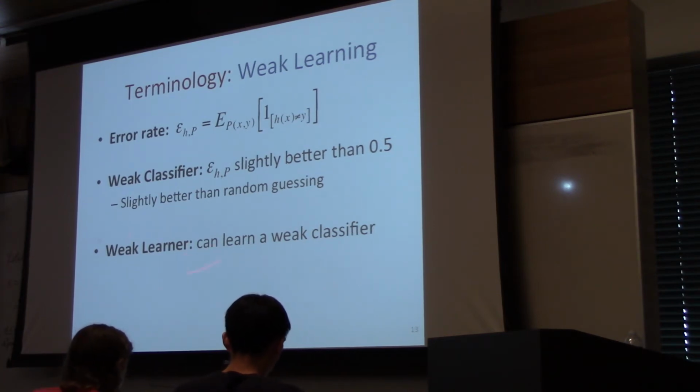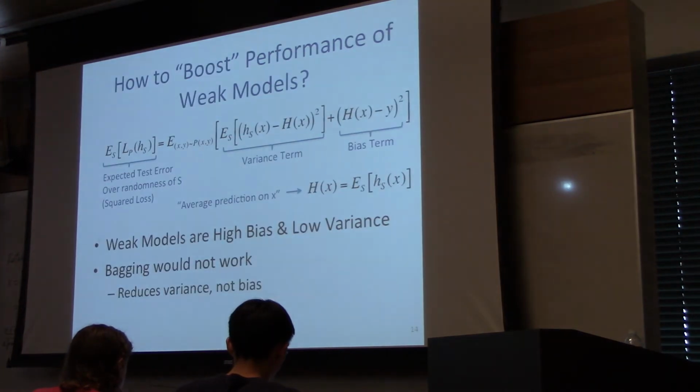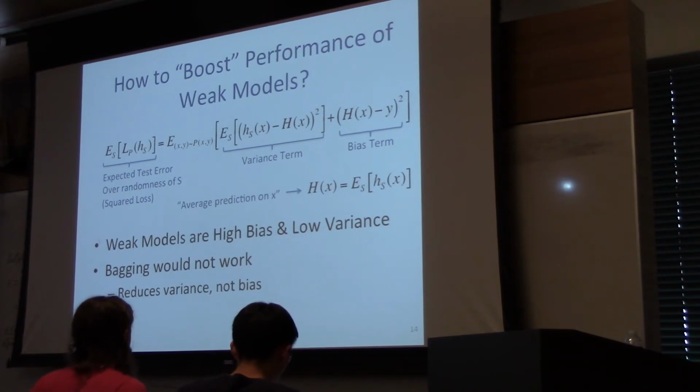A weak learner is basically an algorithm combined with a model class that learns a weak classifier. So shallow decision trees are weak classifiers, and the top-down induction to find a shallow decision tree is a weak learner. The name boosting comes from the question: how do you boost the performance of weak models by combining them in interesting ways?